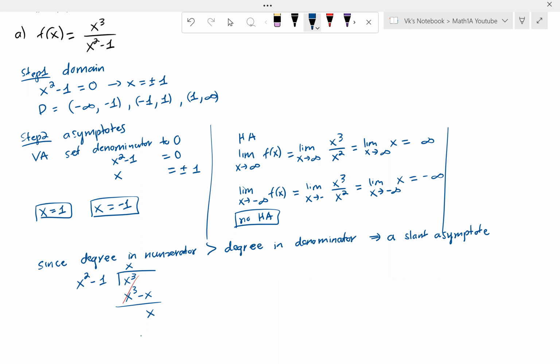What this tells us is the quotient is y equal x, and this is the slant asymptote.